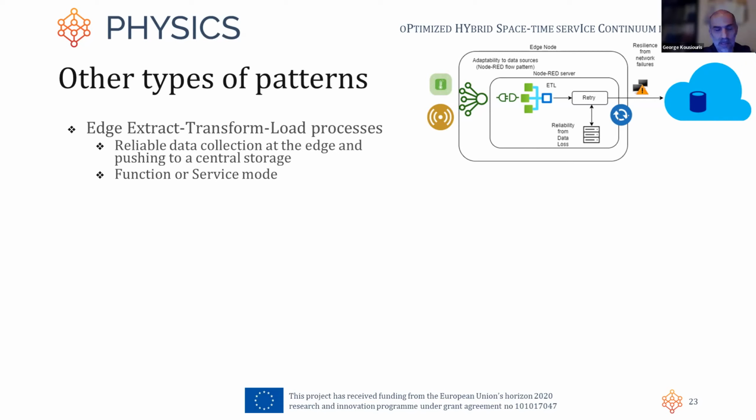Networking is another bad aspect at the edge in that specific use case. So it handles aspects such as trying to push the data, and if that doesn't succeed, you store it locally, and then at some point in the future, you are able to retry pushing the data.